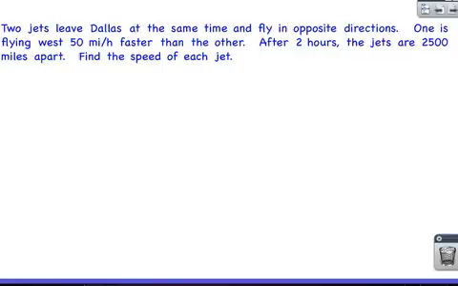Well, these are opposite direction travel, which means that the sum of the distances that each travels will equal a total distance of 2,500 miles. From our starting point, we know that one plane is traveling west, so the distance of the westbound jet.